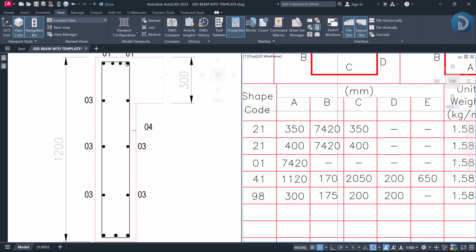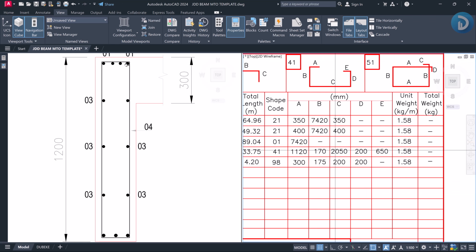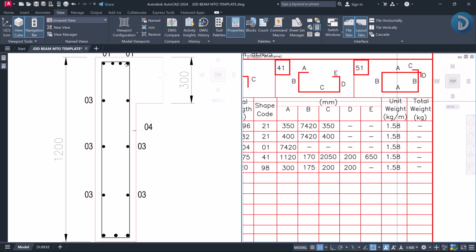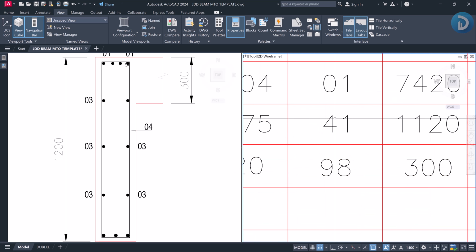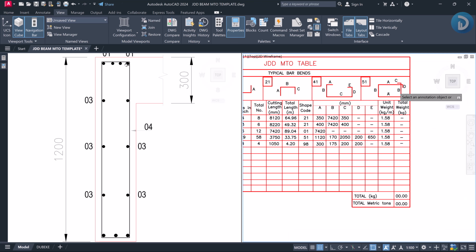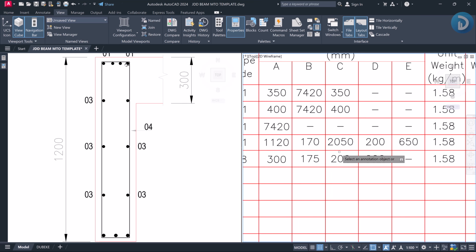For this part over here, which is our side C and side D, firstly, let's take this to bar mark 51 to appreciate what we are doing. For side C and side D, this is mostly, or let's say minimum, 50 millimeter, but 75 millimeter is appreciated.